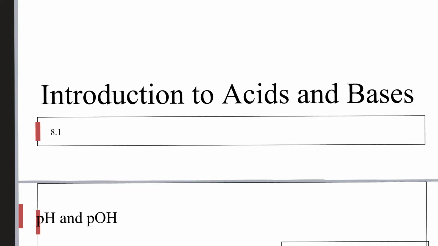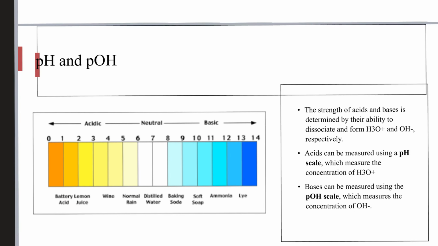Okay, so we're going to be looking at acids and bases. When it comes to acids and bases, one of the first things we think about is pH and pOH. pH is really just the logarithmic calculation of the concentration of hydronium, H3O, while pOH is the negative logarithmic calculation of the concentration of hydroxide.